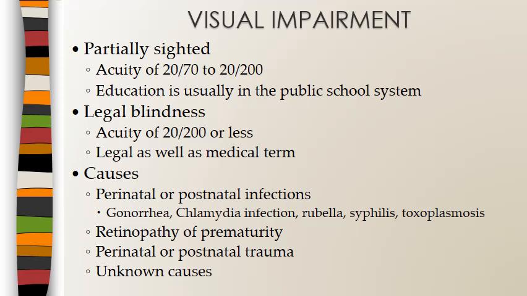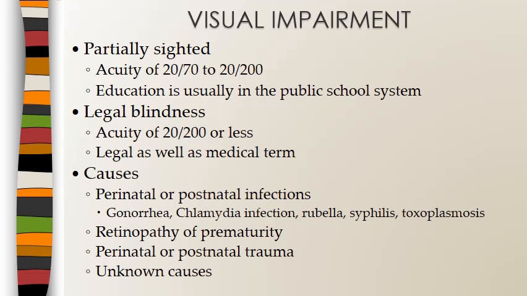Visual impairment can be caused by a perinatal or postnatal infection such as gonorrhea, chlamydia, rubella, syphilis, and toxoplasmosis. It is because we worry about gonorrhea and chlamydial infections in newborns that we do the eye prophylaxis. Children who are born prematurely can develop retinopathy of prematurity, or ROP.